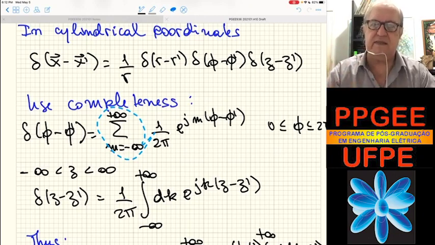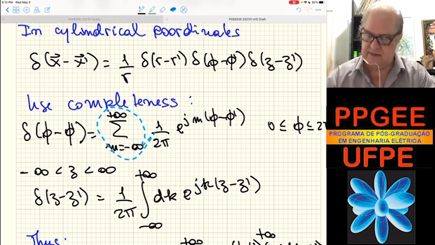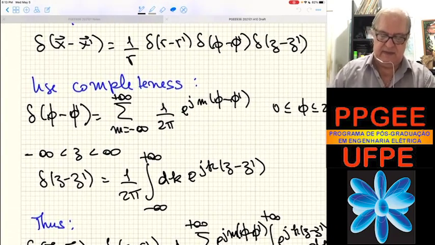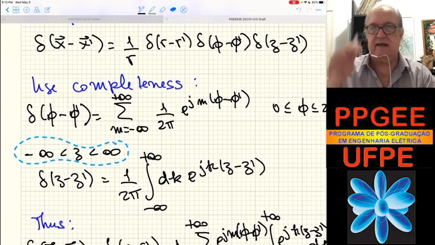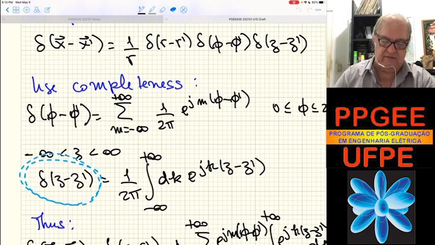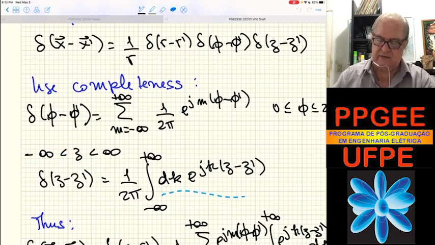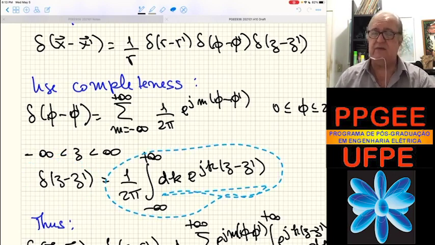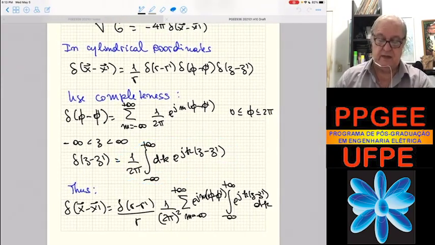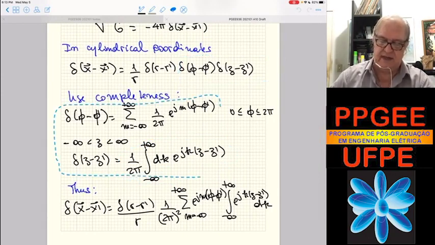So it's a Fourier series, and a Fourier series has a completeness relation with a summation. In the z function, we see that z and z prime are unlimited. So the delta function has a completeness relation relative to the Fourier integral, which we derived before, right? That's the completeness relation.